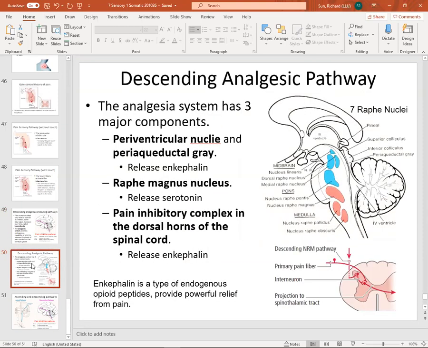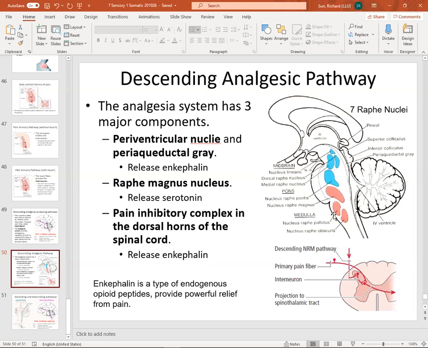Another one is the Raphe-Magnus nucleus, right here. This is also in the brainstem. In the brainstem, we have several Raphe nuclei. Here I show you the 7 Raphe nuclei.